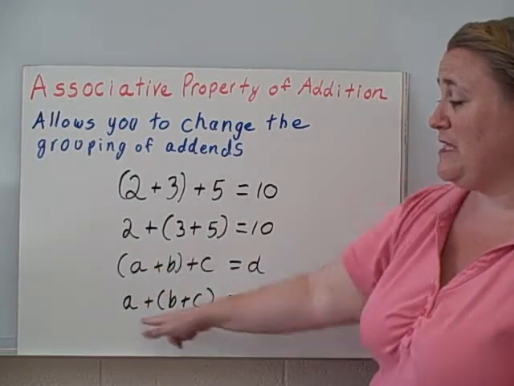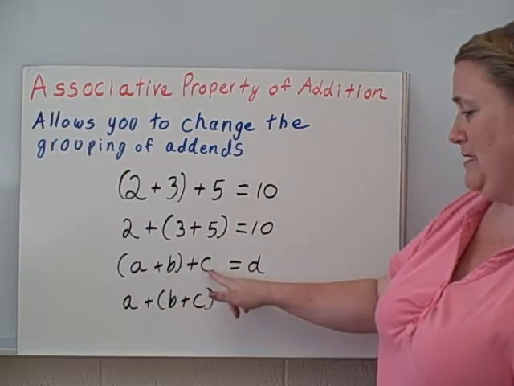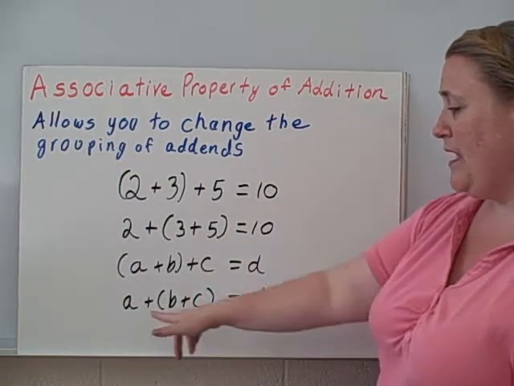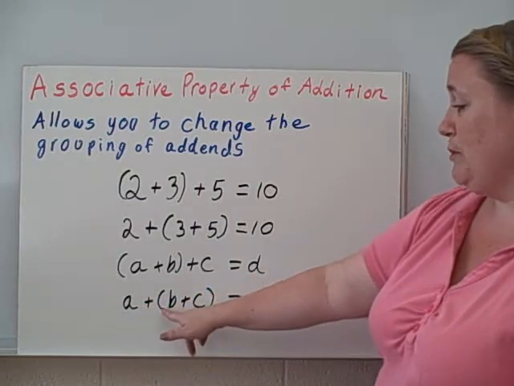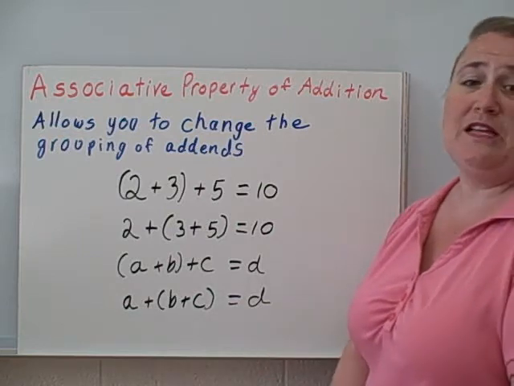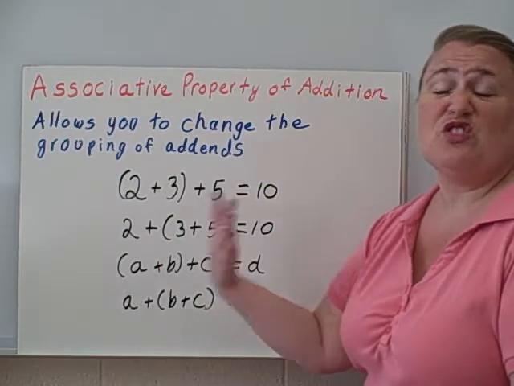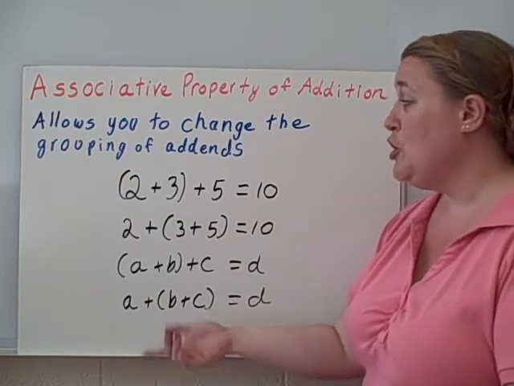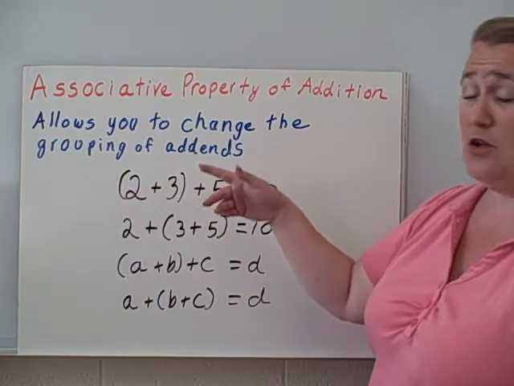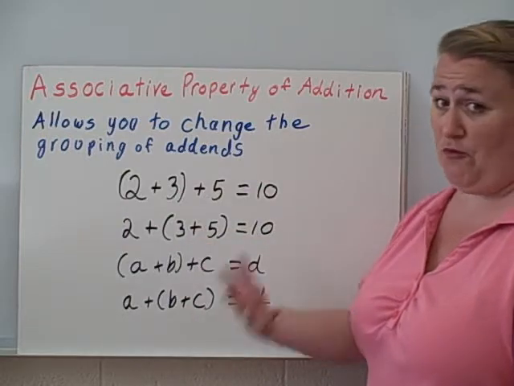Again, we can represent this algebraically. A plus B plus C equals D. A plus the group B plus C also equals D. So let's say you have your friends at school, but maybe you do something outside of school with different people. You're associating with different groups, but you still have the same friends.